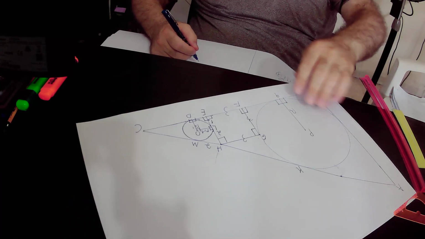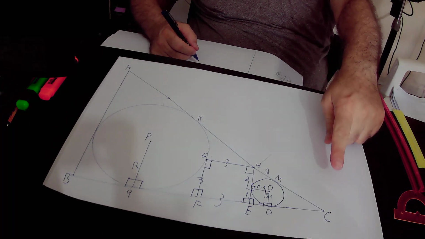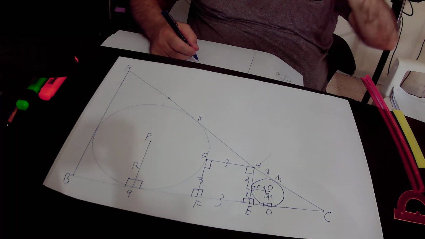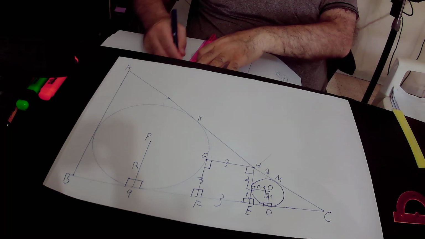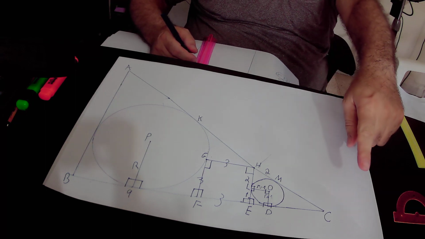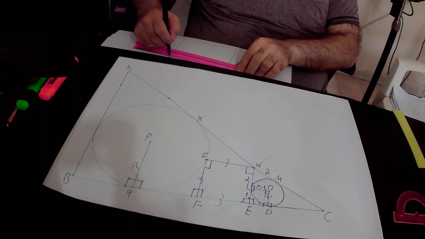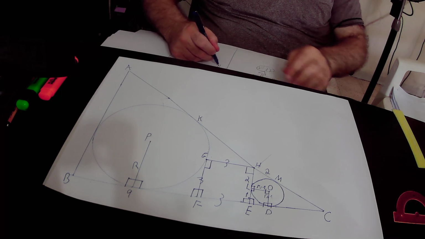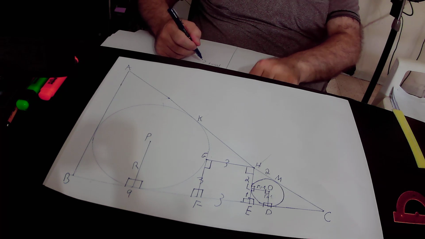Likewise, if you focus at point C, point C is a common external point in relation to the small circle. From point C, we have two tangents to the circle.